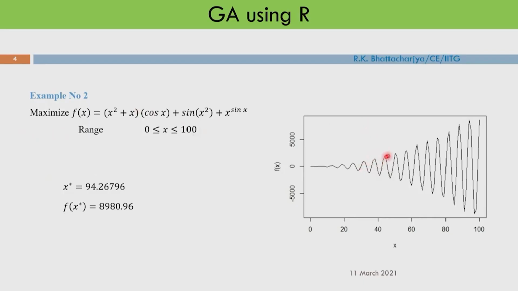There are several maxima of this function, and one of them is the global maxima. Genetic algorithm will give you the global maxima here, and the solution is x star equal to 94.26796. The function value at that global maxima is 8980.96.